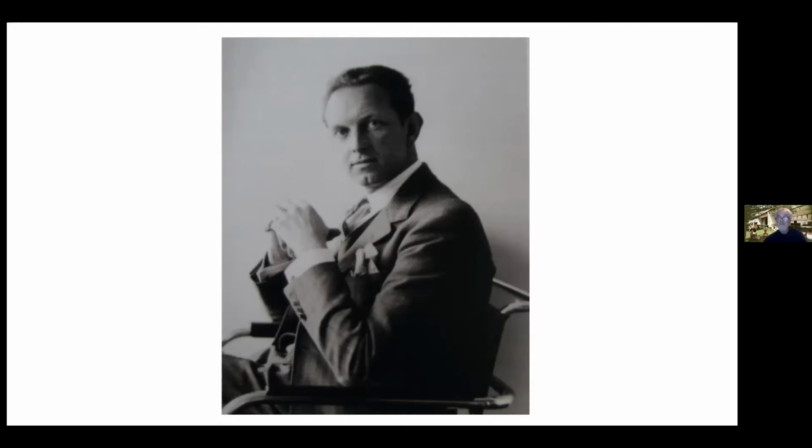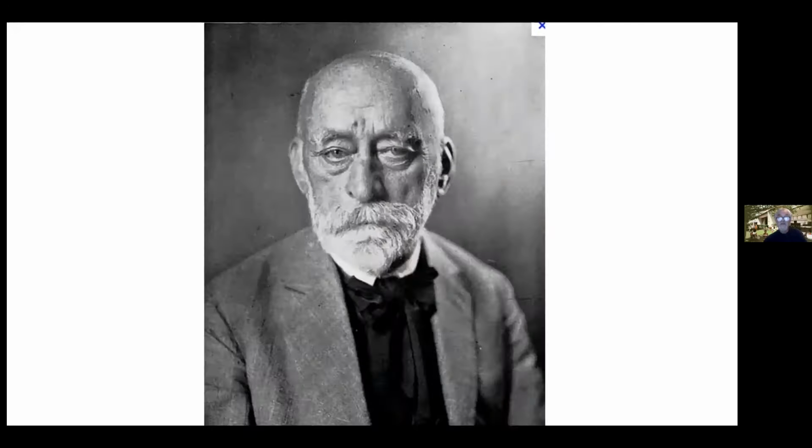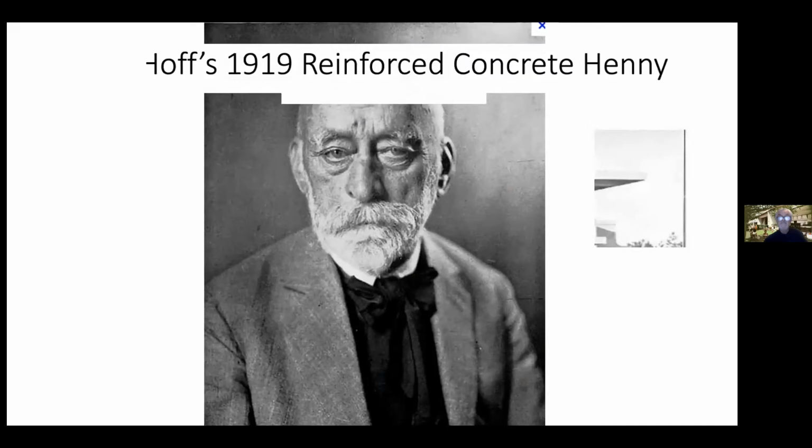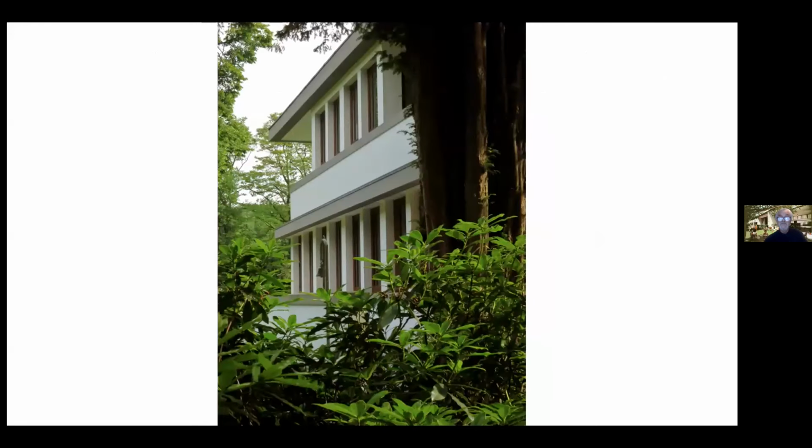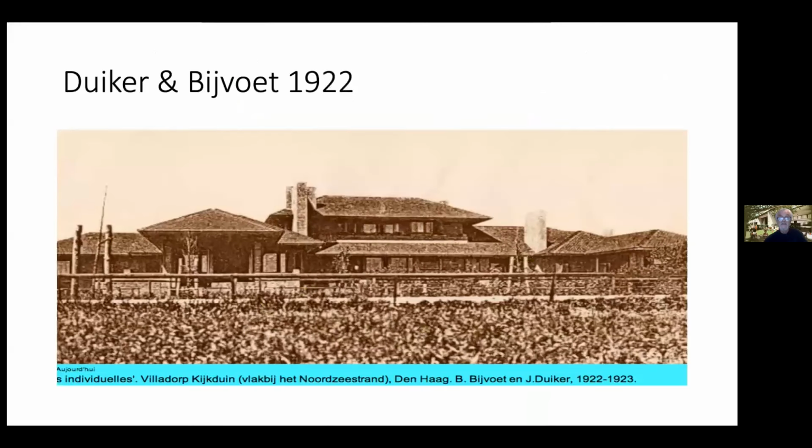on suitable working conditions. But he had been influenced by Berlage, who had visited the United States in 1910 and seen Frank Lloyd Wright's work and that of the Prairie architects, and came back to talk about them in Holland. And one of the people who was influenced was Van't Hoff, with his house in 1919, which you can see today, and the influence of Wright in the Prairie style.